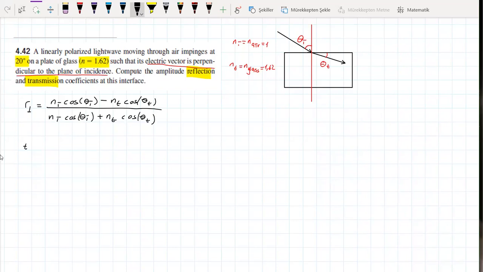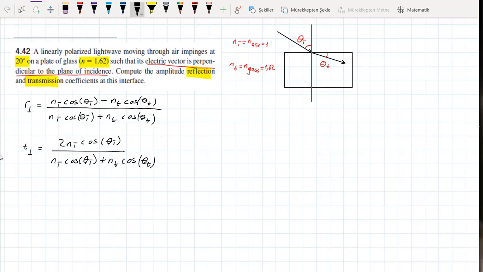And the perpendicular component of the transmission coefficient is equal to 2n incident cosine theta incident over n incident cosine theta incident plus n transmission cosine theta transmission.